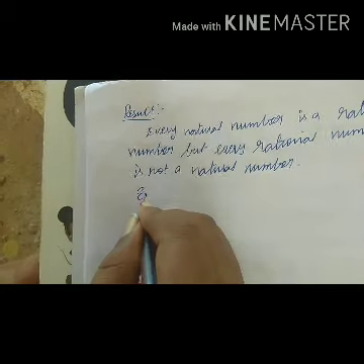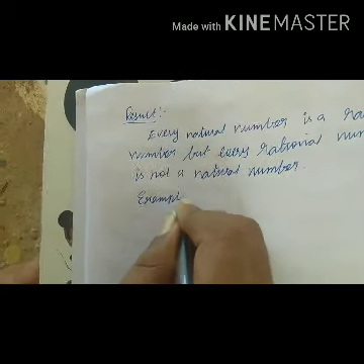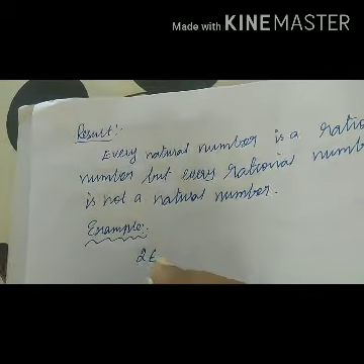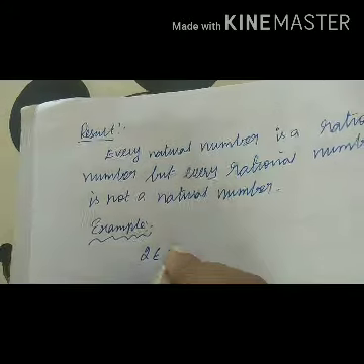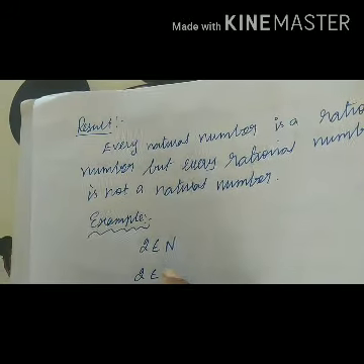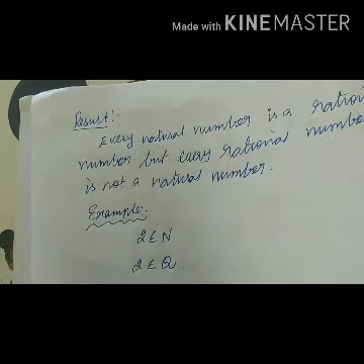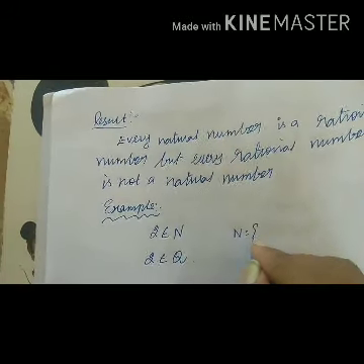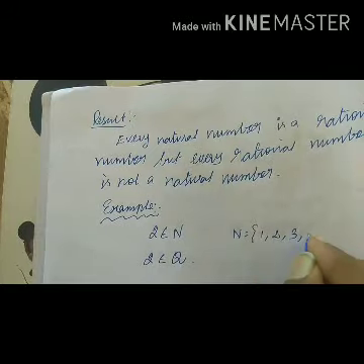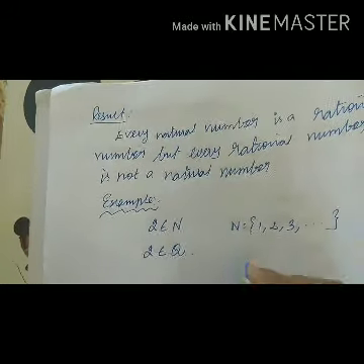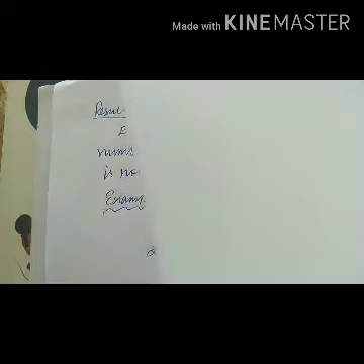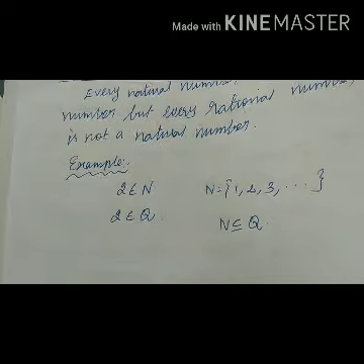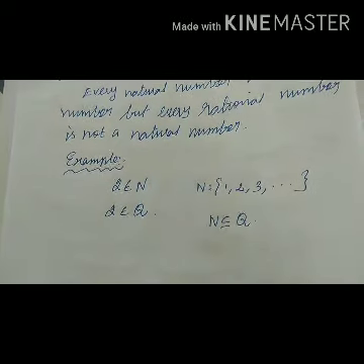Example: 2 belongs to N and 2 belongs to Q. Therefore, you can choose any number from N equal to 1, 2, 3, etc. That is, N is a subset of Q. You can choose any number from N, and that number is a rational number.